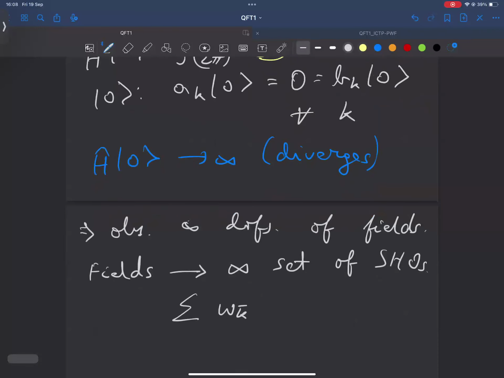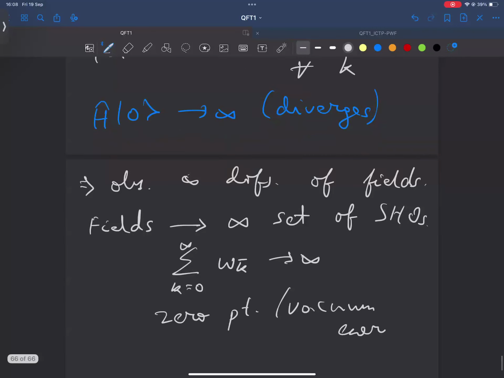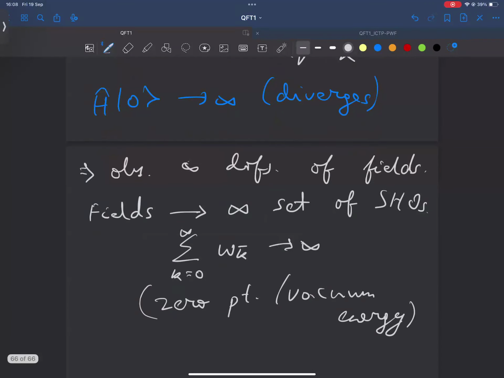So imagine summing over this omega for the infinite set of oscillators, because they are describing the fields. So because of that, you get this infinity. Okay. So this is exactly the zero point or the vacuum energy of the oscillator, and it is just a manifestation of the infinite degrees of freedom of the fields.